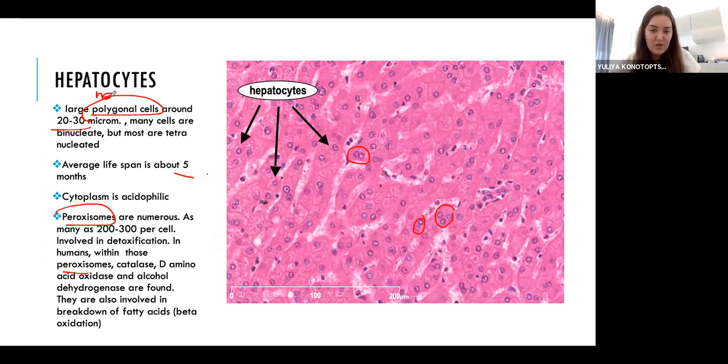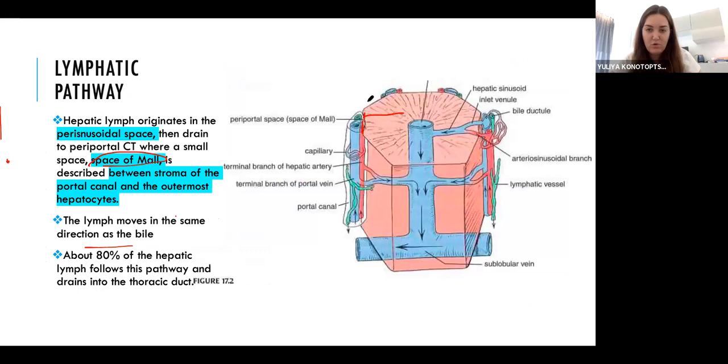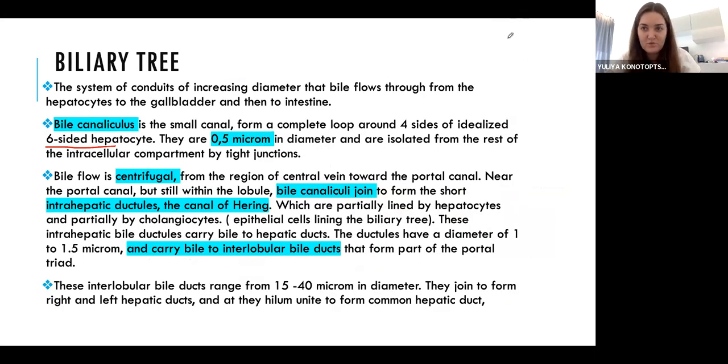Your classical lobule is hexagonal. And which cells do we have here? Hepatocytes. And what is their shape? Also hexagonal. Everything is hexagonal, very convenient. So there is one hepatocyte here. Again, guys, this is not a lobule. This is a hepatocyte in the lobule.